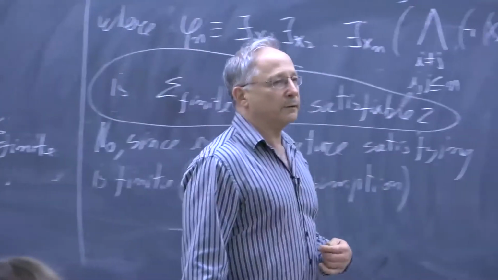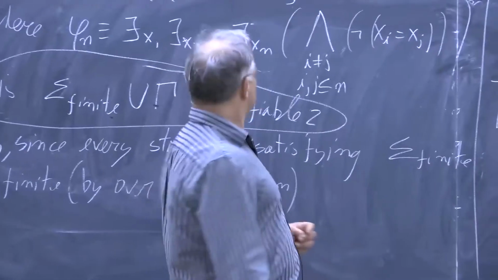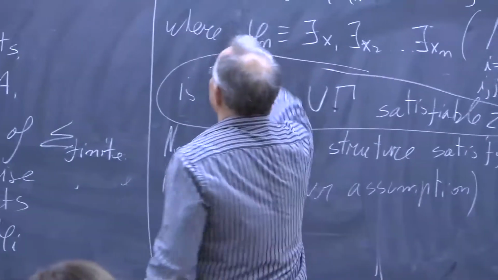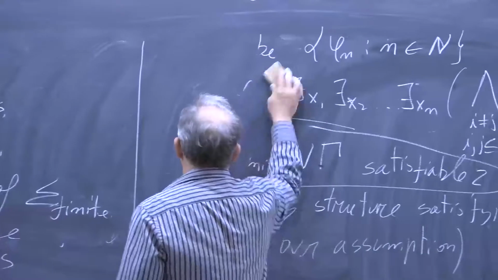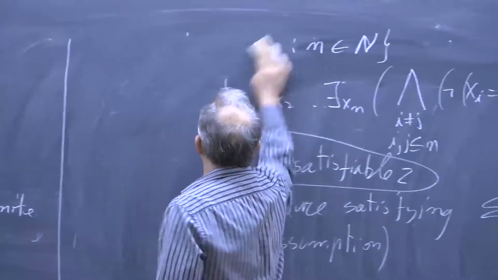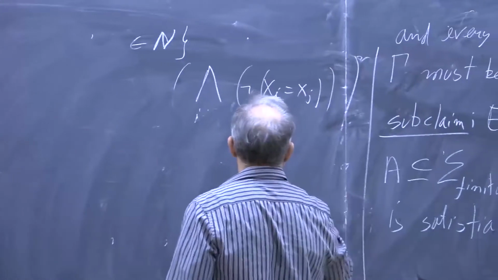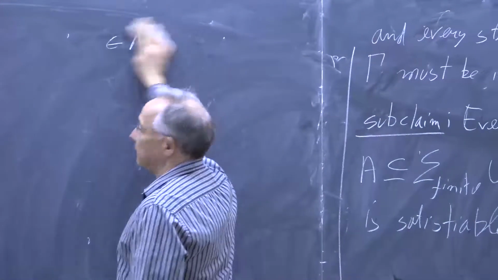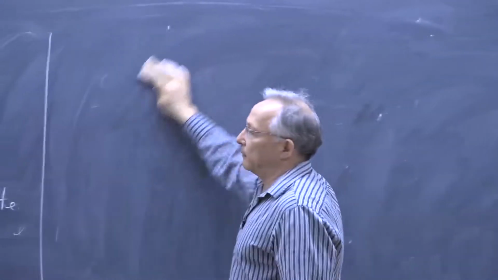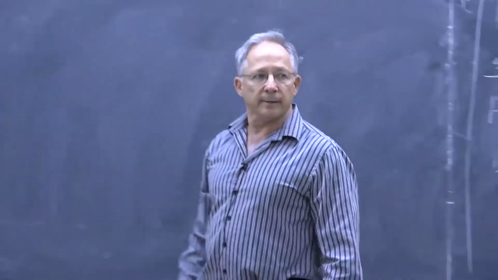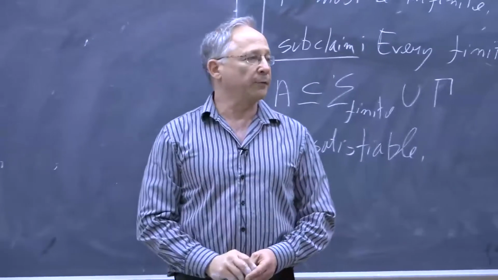Let me give you another example of the same type of argument so that we'll somehow get more used to this argumentation. So now instead of just talking about the size of a structure, and here the language didn't matter, let us look at the language for graph theory.